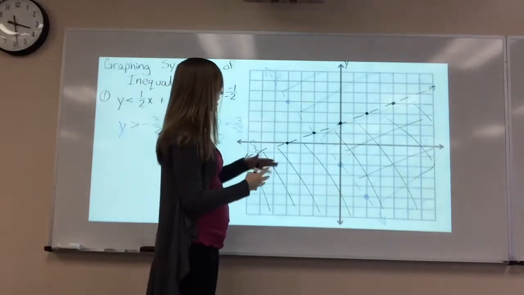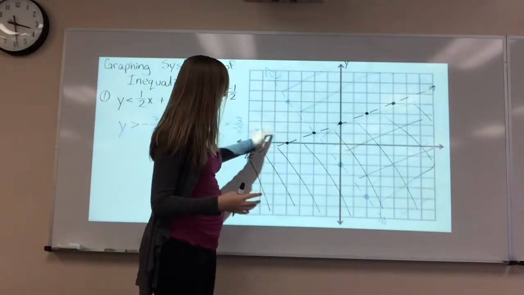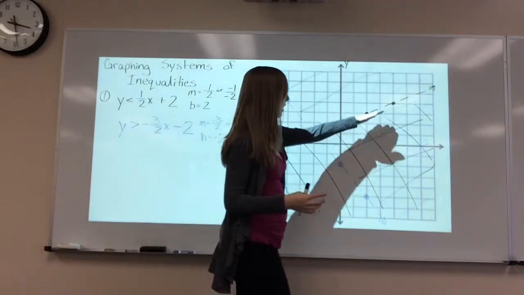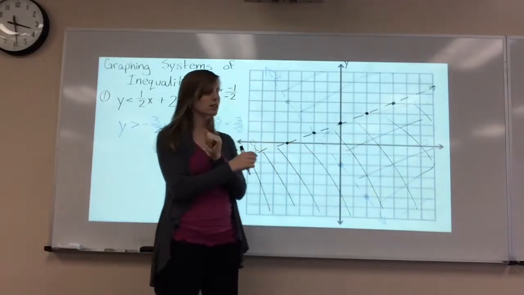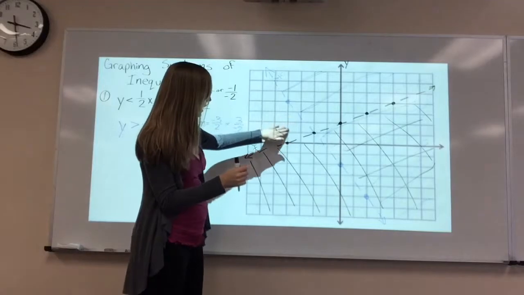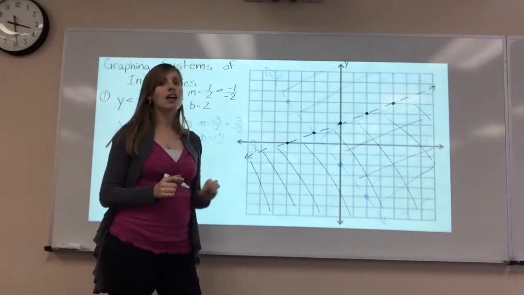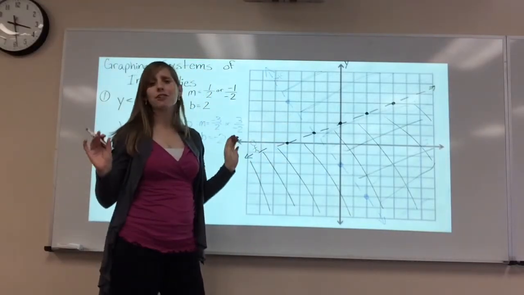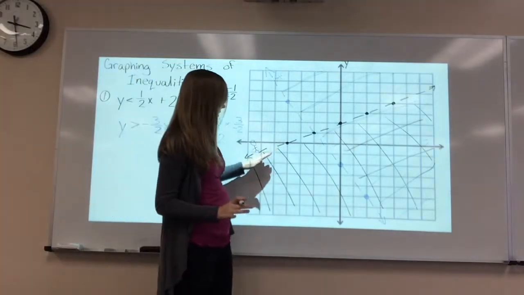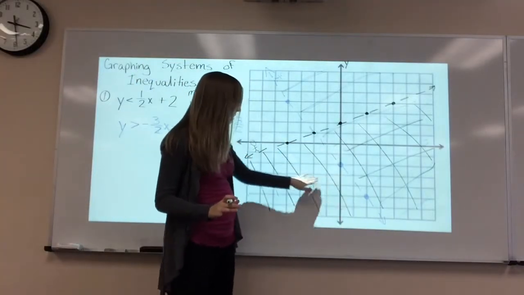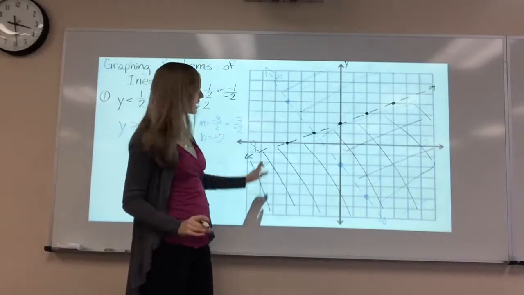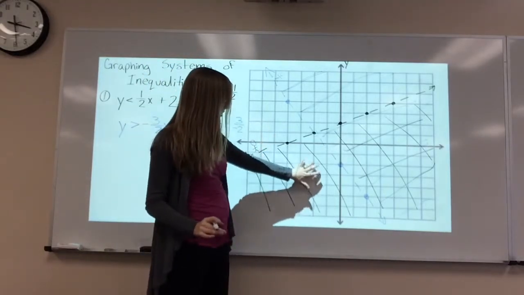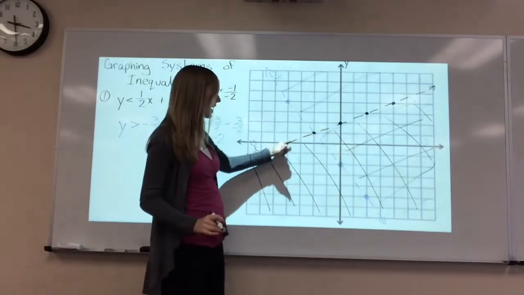Now you'll notice there are 4 different sections of this graph that are created by the two intersecting lines, okay? This space right here is not shaded at all. That means it's not an answer for anything. This area is only shaded with my black marker. That means these are all answers, but only for this black line.